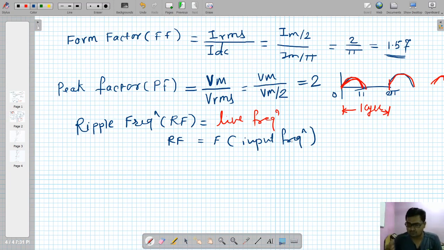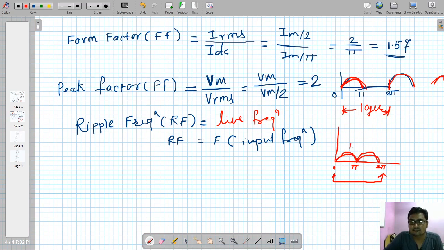You will understand better if I draw the full wave rectifier and its waveform. For the full wave rectifier, the output waveform is this one. From 0 to pi, and it is 2 pi. Between 0 and 2 pi, the signal repeats itself twice.